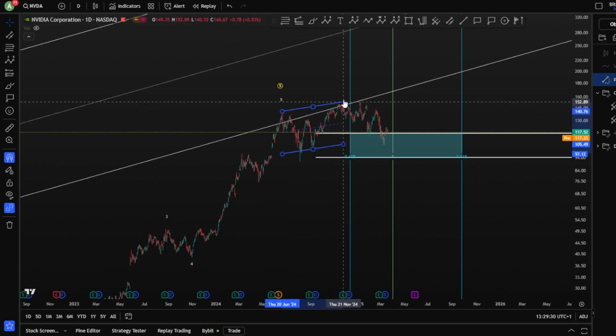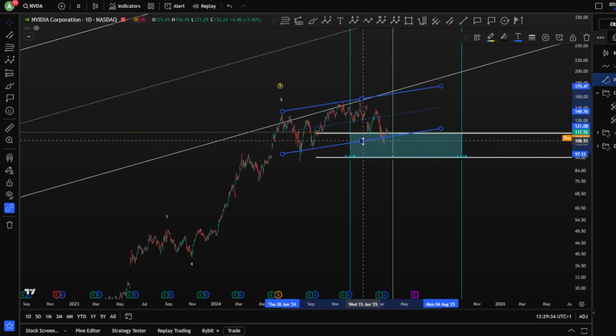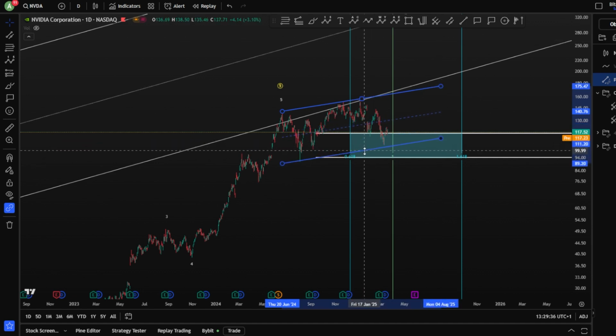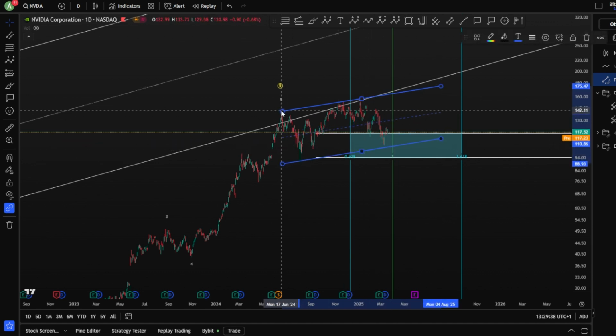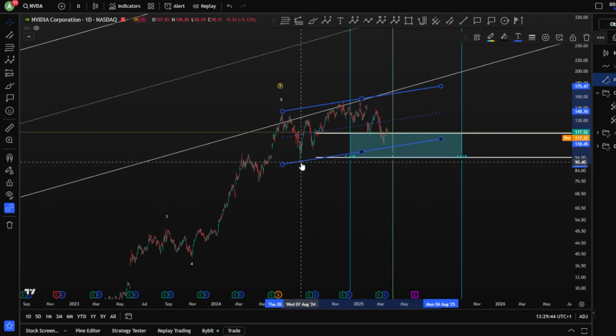So this is our corrective channel that we might have, taken from the top of the wave 3 to the lowest price for this wave 4, and then ranging inside our corrective channel.